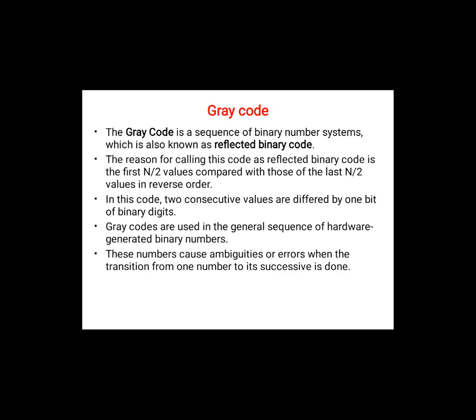Now, gray codes are used in general in sequences of hardware which are generated by a binary number. So if you had done the lab, we would have told you to design a gray code, so that in the LEDs you can see those gray codes coming, like 0 1 1 0 1 1. So those LEDs are switching on and off.